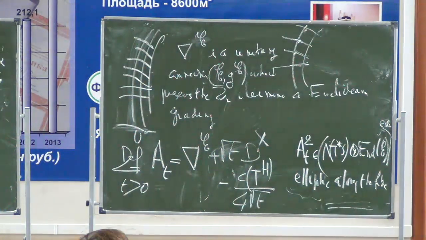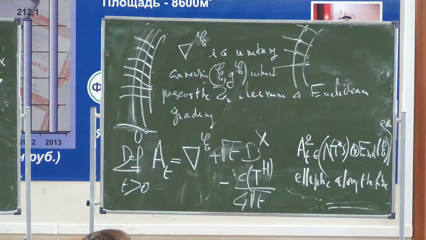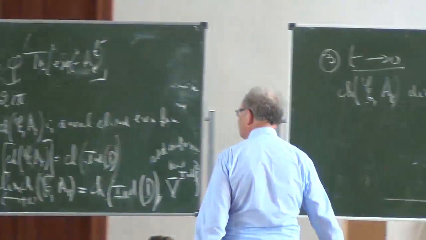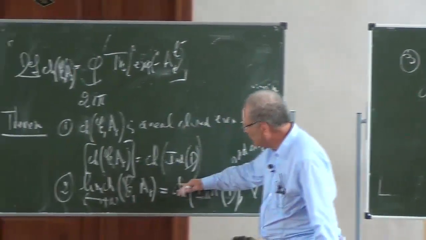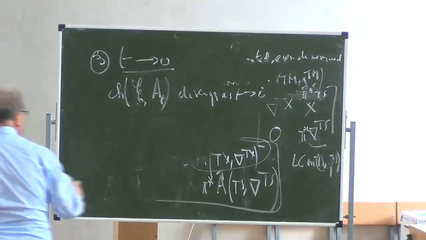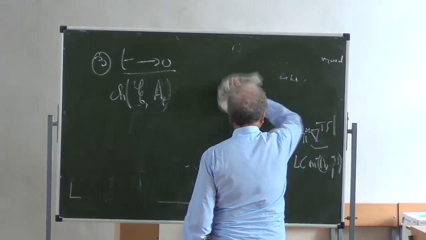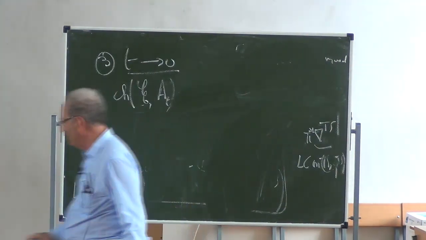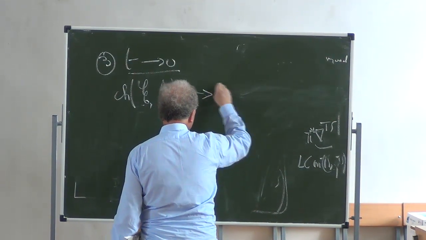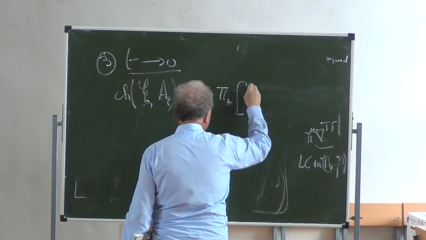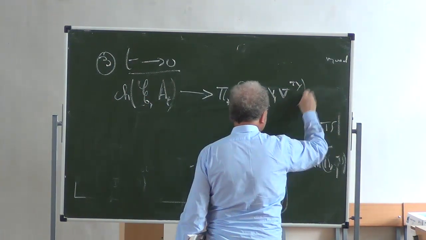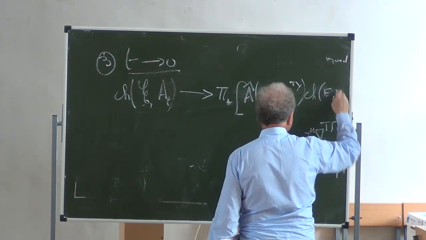Okay, so we will have to introduce this third term, and then I will explain later on what this third term is, but when the third term is introduced, then 1 is true, 2 is true, but 3 becomes, as t tends to 0, this converges to the integral along the fiber of the A roof of Tx, nabla Tx, Ch of E nabla E.